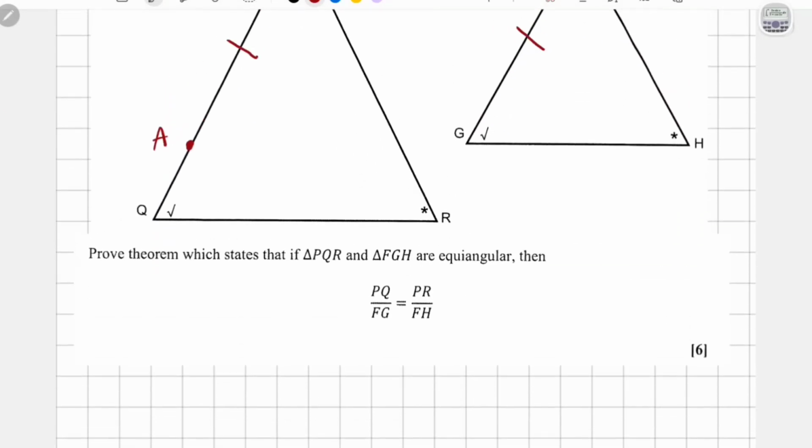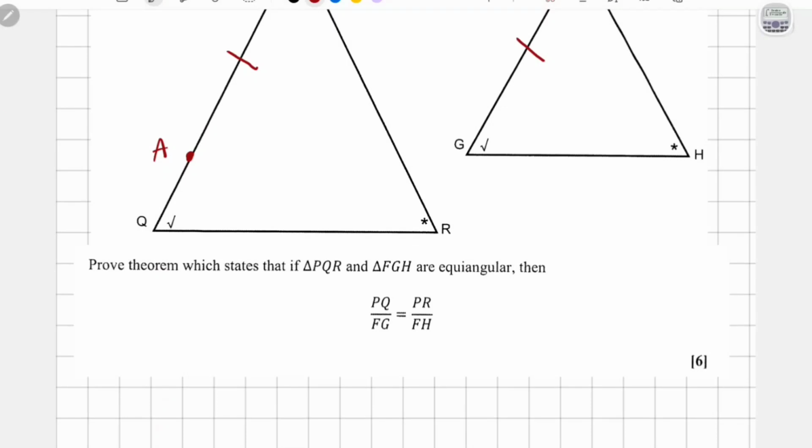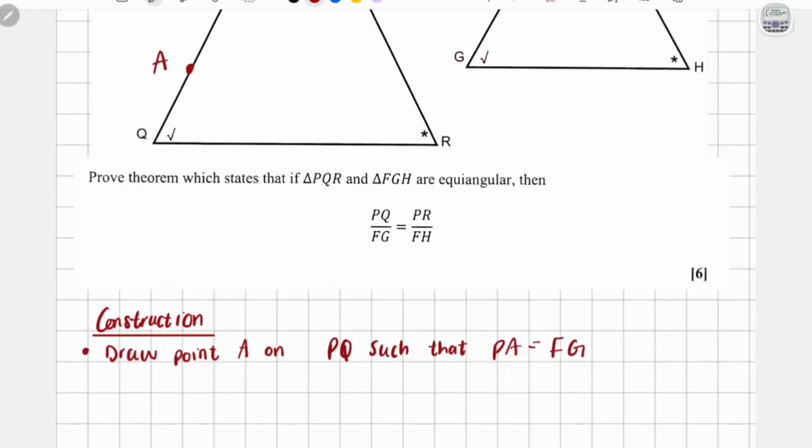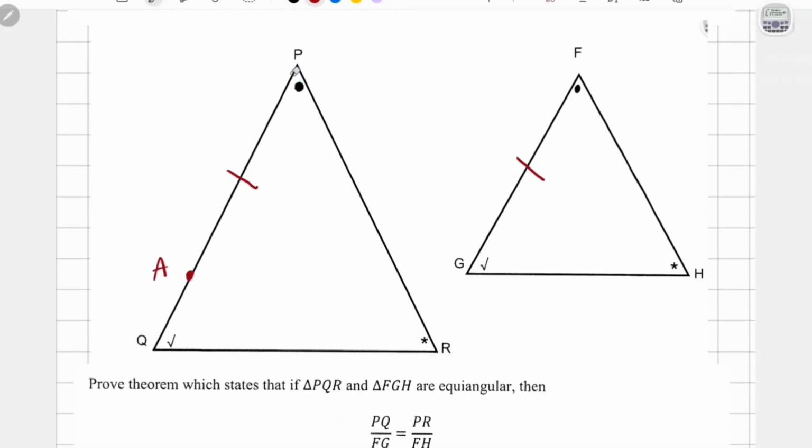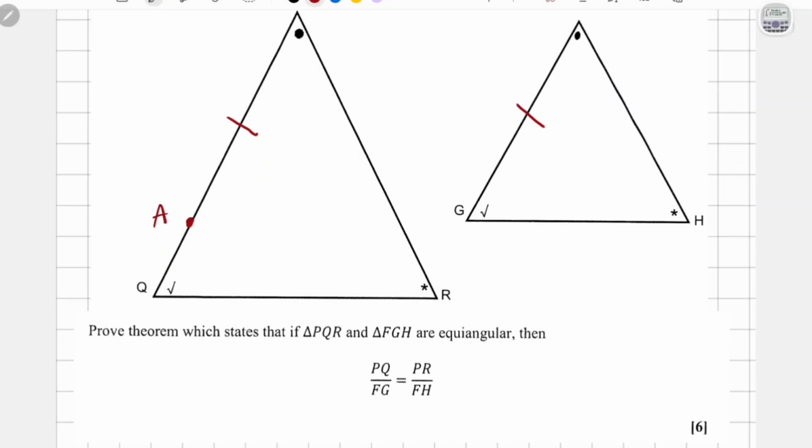I'm saying it, and I'm also going to write down any constructions that I'm making. So that is the first construction. We're just going to draw point A on PQ in such a way that PA is equal to FG.